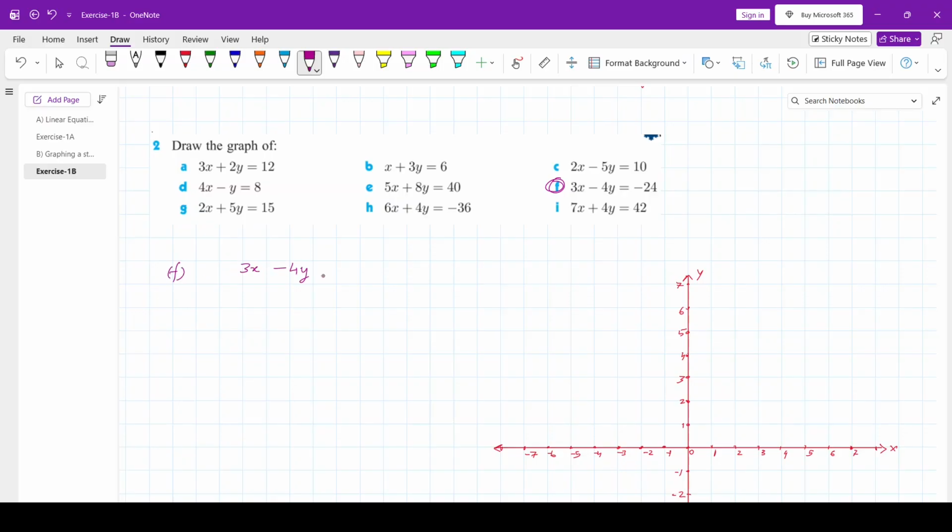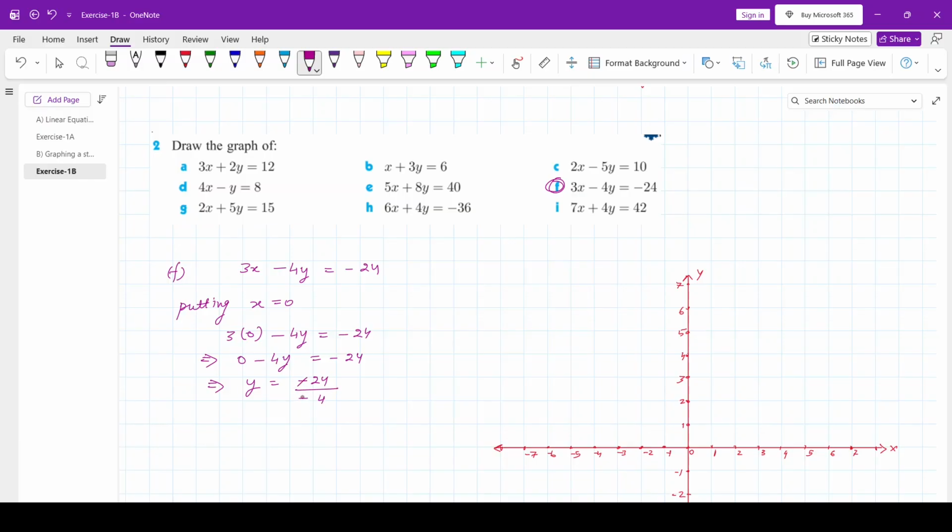3x minus 4y is equal to minus 24. Now putting x is equal to 0 in this equation, we get 3 into 0 minus 4y is equal to minus 24. That is 0 minus 4y is equal to minus 24. Moving this minus 4 over to the right hand side, we get y is equal to minus 24 divided by minus 4.